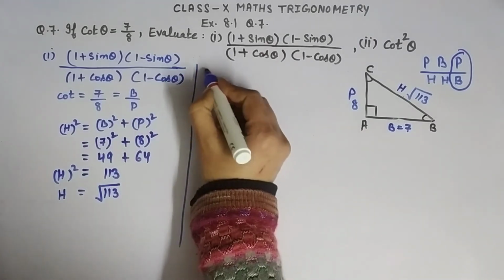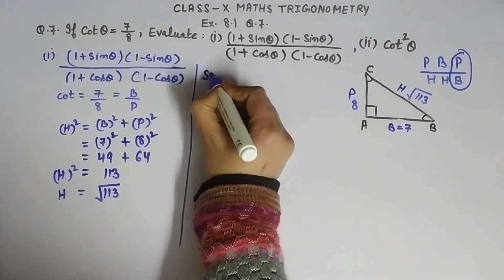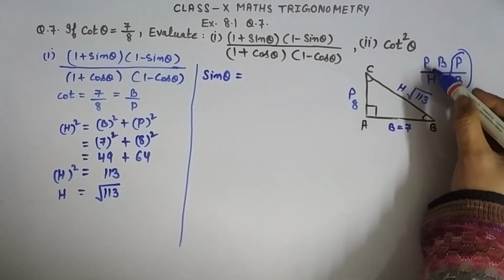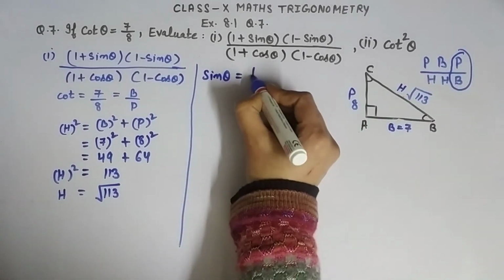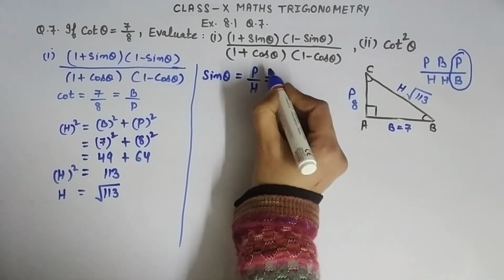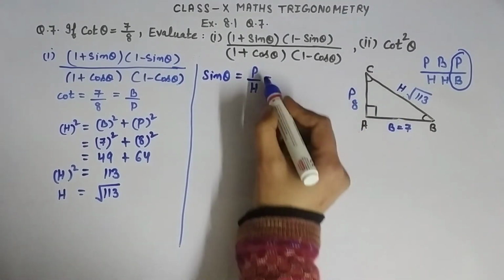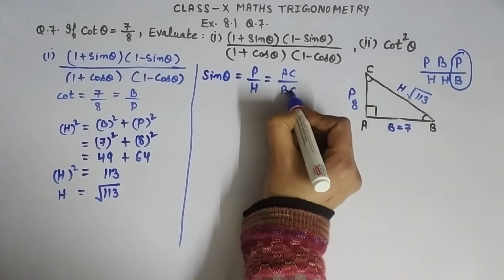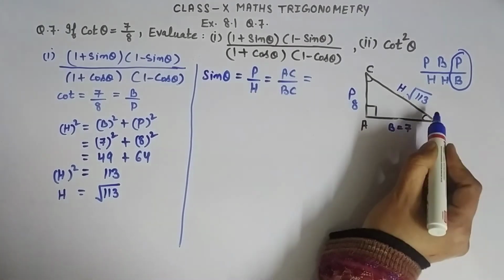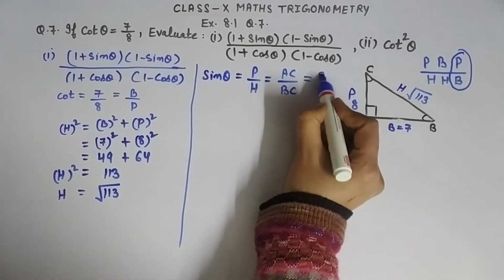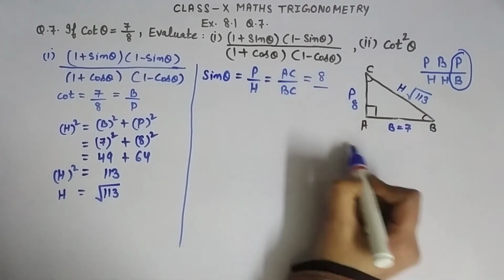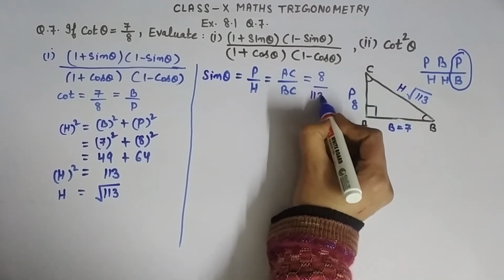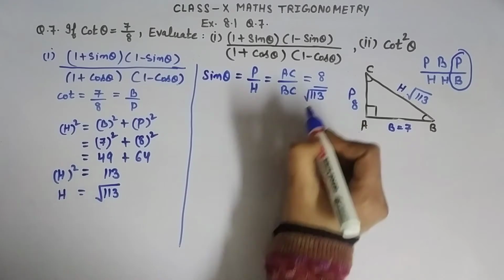Okay, so now we have to find the value of sin theta and cos theta also. So first we take sin theta. As we know the trigonometric ratio of sin theta is perpendicular upon hypotenuse, and in the figure perpendicular is AC upon hypotenuse BC, and the values AC is equal to 8 upon BC is equal to root 113.